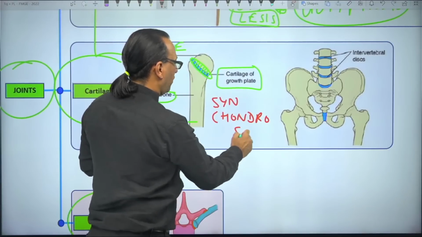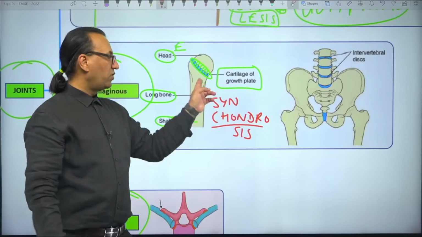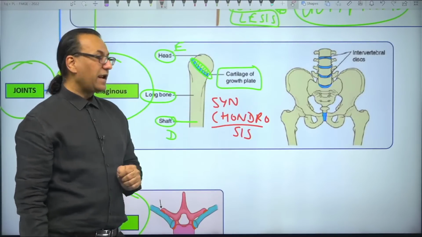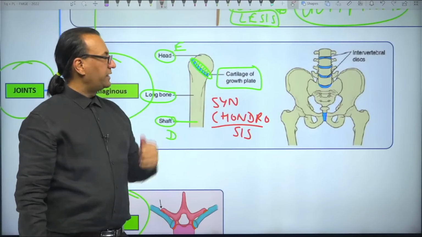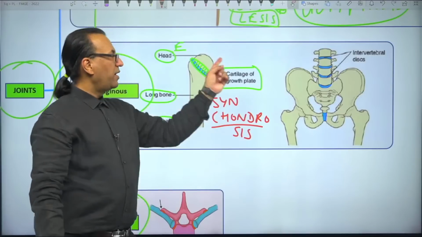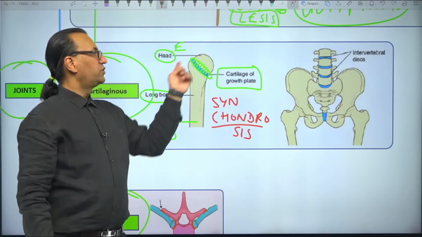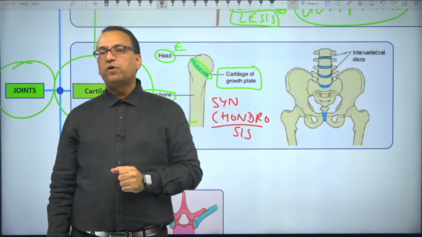synchondrosis. Now, what do you mean by chondro? Chondro means cartilage. It is the cartilage joint. Synchondrosis is a primary cartilaginous joint and it is immobile. What happens to this growth plate in adults? It will change into bone and there will be a bony fusion. So the epiphyseal-diaphyseal joint, which is a synchondrosis, is seen only in growing children. What about adults?